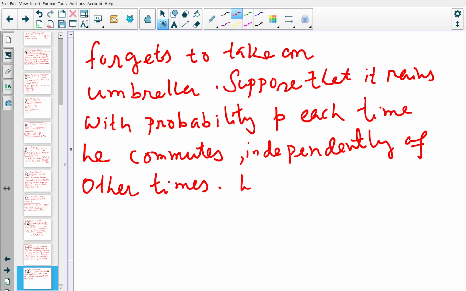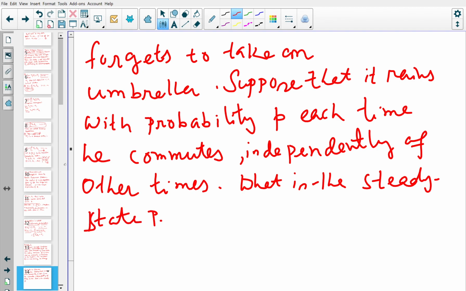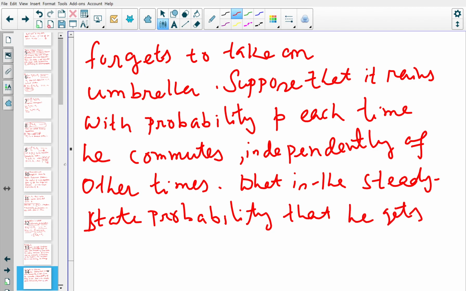Then what is the steady state probability that he gets wet on a given day?